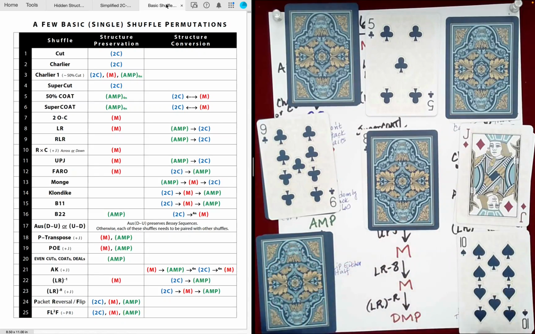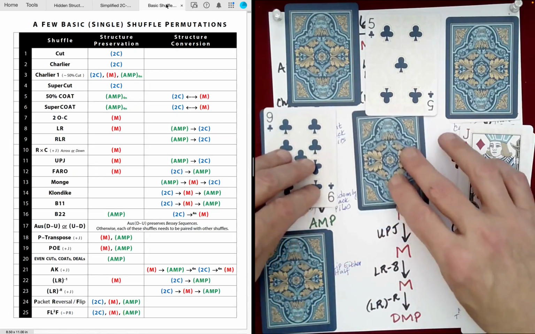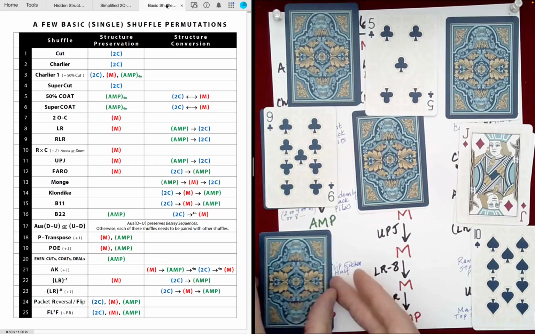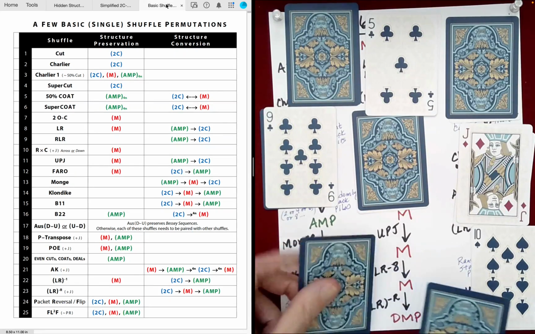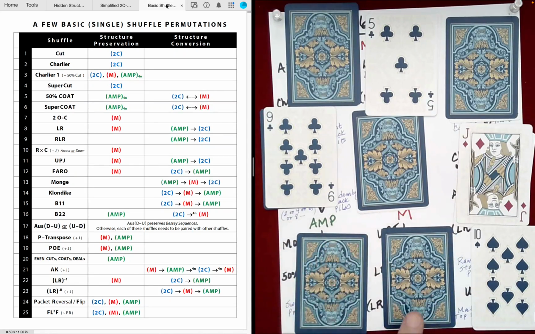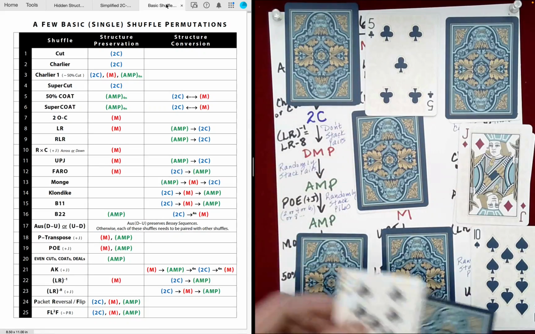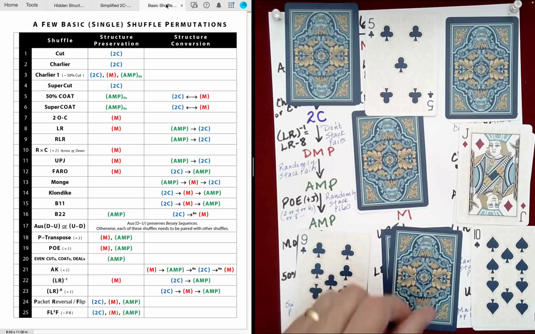I'm going to build up 2 piles by taking 1 from each. Maybe I'll take this one here and put it over there, and that one there. We'll take 1 from each and put that one there maybe, and this one here.